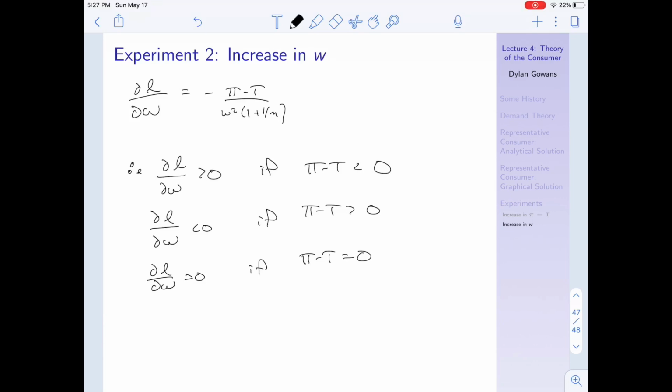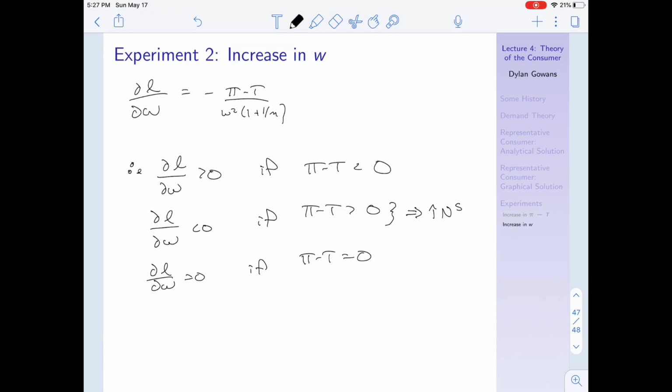So now let's stop for a second and think about the economic meaning of this. Let's start with the case that we keep talking about, the middle case here, where the numerator is positive. What does this mean? If the numerator is positive, then when we increase the wage, leisure decreases. And if leisure is decreasing, that means we have an increase in labor supply.